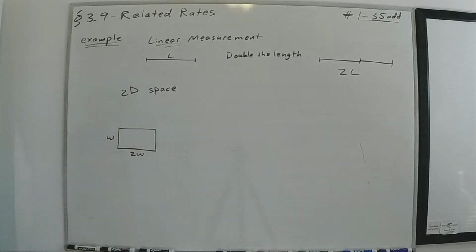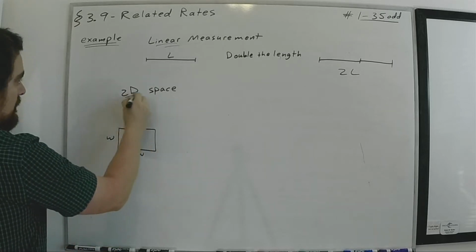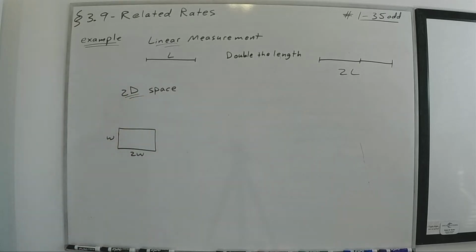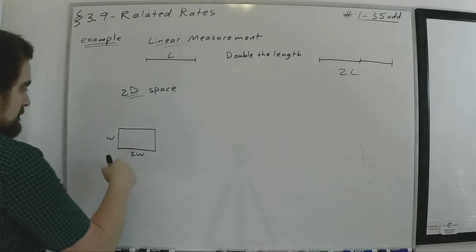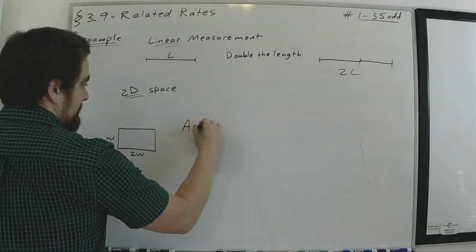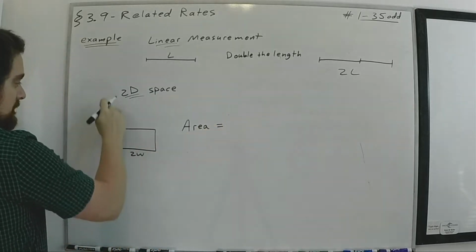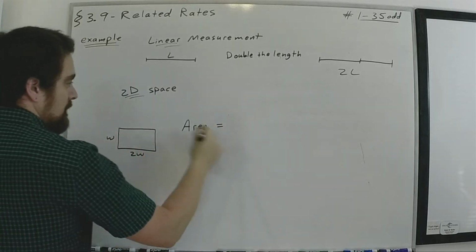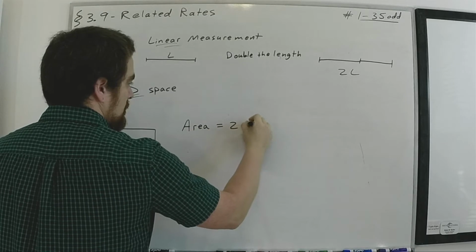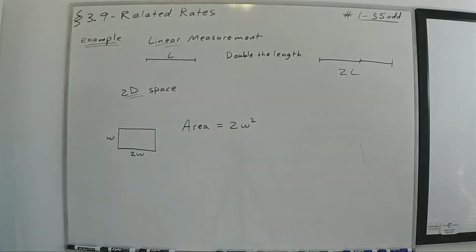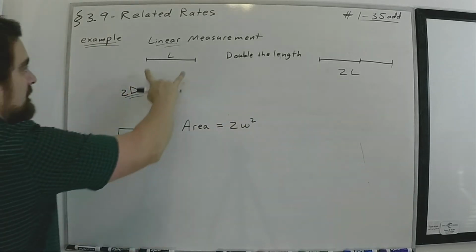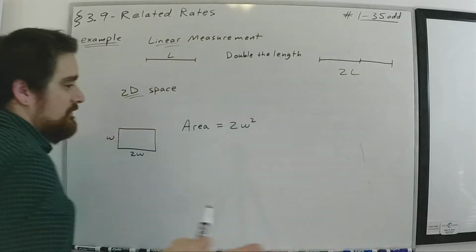So we can mark it down as having width W, and then its length is twice the width. Now we're talking about something that's two-dimensional, and I can start calculating its area. In this case, the area is just going to be the length times the width. Well, the length is 2W times another W. That's 2W squared. So here, if I doubled the length, I just multiplied by 2, right?